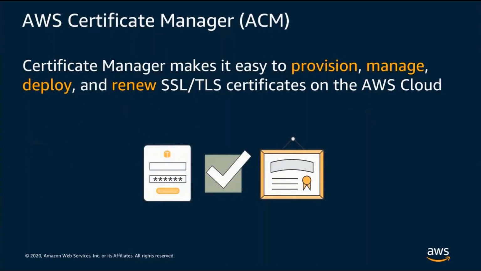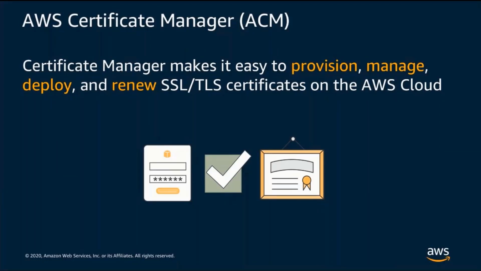The first component I want to talk about is AWS Certificate Manager. The Certificate Manager will enable you to issue a certificate, and it will handle the life cycle of that certificate. Certificates have a duration that they're good for. When issued from ACM, that duration is 13 months.